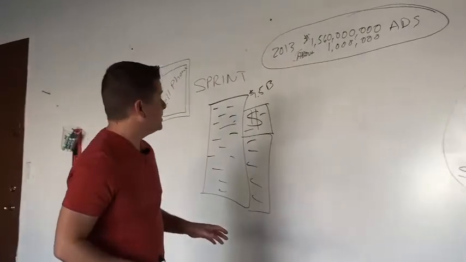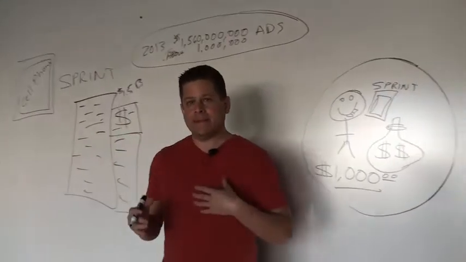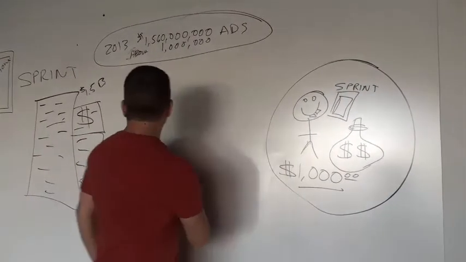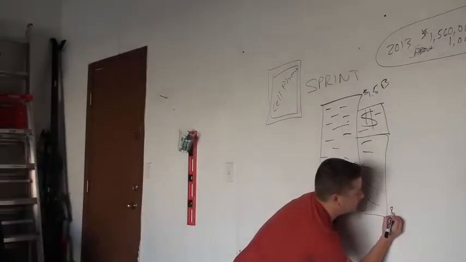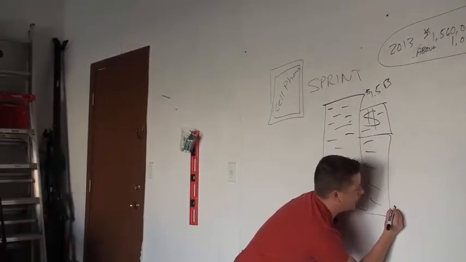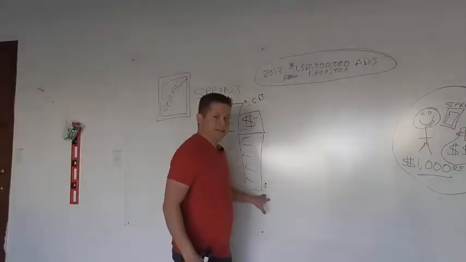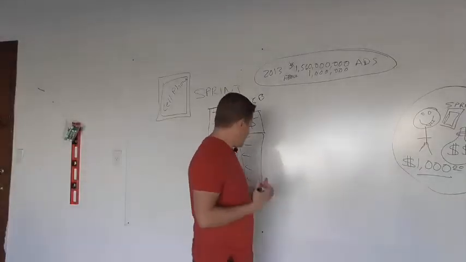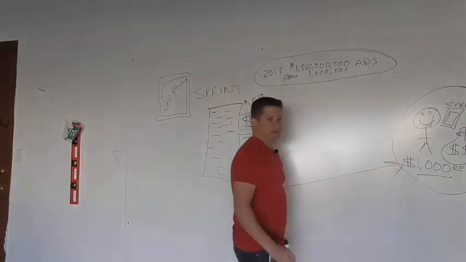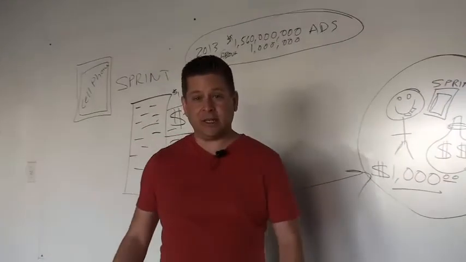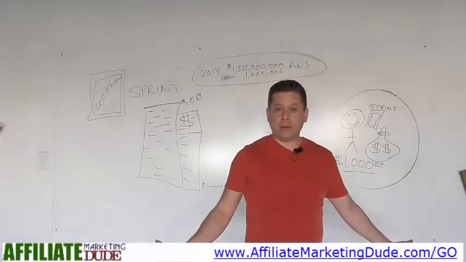So the question is, can I, little old Marcus, right? Here's little old Marcus down here, because he's not as big as Sprint, and he wears a little hat. Can I figure out a way to get a Sprint customer for less than $1,000? Probably, right?